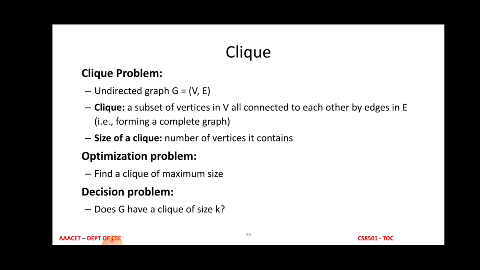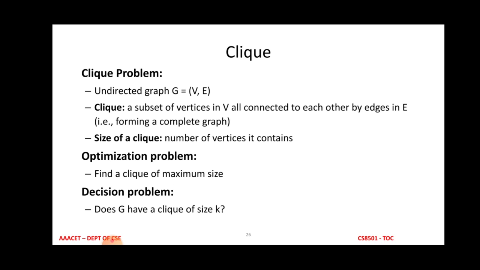So the clique problem, already we saw that it is a subset of the given vertices in V, each connected to every other vertex in a given graph. It is a complete subgraph. So a clique is a complete subgraph.